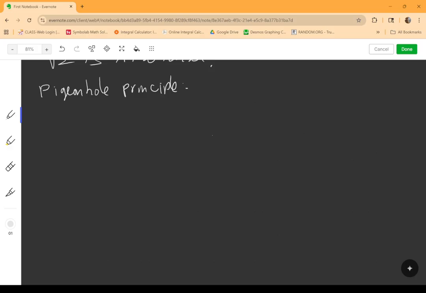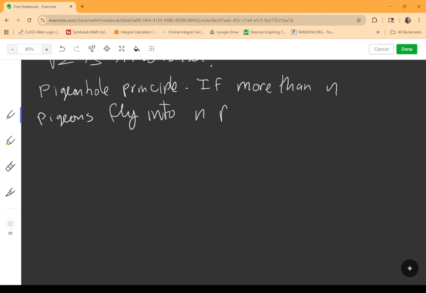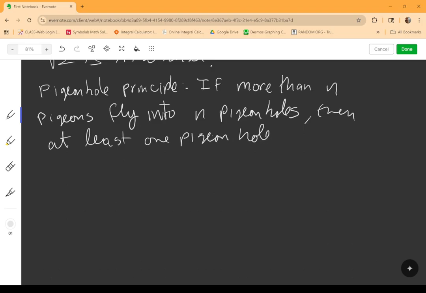The pigeonhole principle says if more than n pigeons fly into n pigeonholes, then at least one pigeonhole will contain at least 2 pigeons.